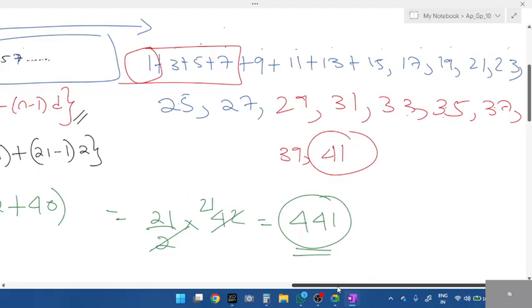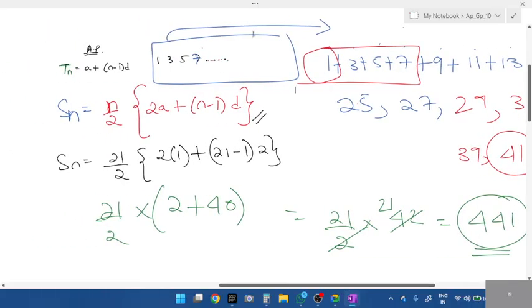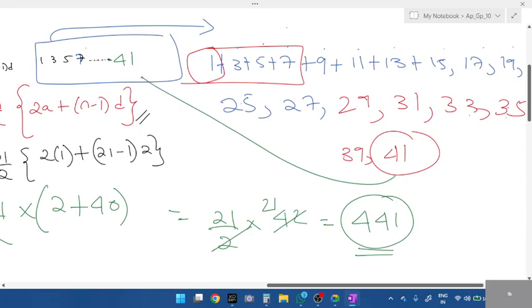They will just directly mention the 41st term, comma 41. This is not n value, this is t of n value. This is the term which they have mentioned, last term. This 41 lies in the 21st position. That is the n value.